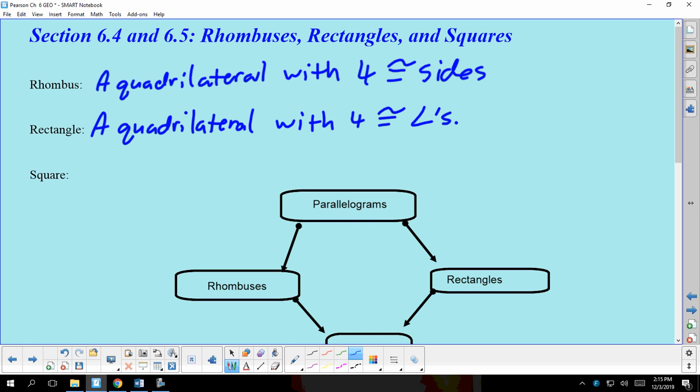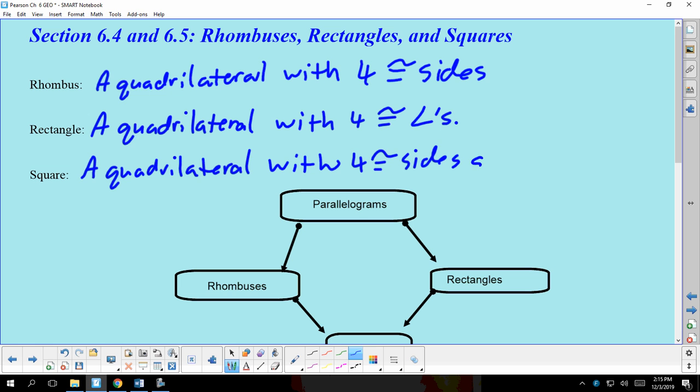And a square is a quadrilateral with 4 congruent sides and 4 congruent angles. So now we'll see formal pictures of each of these.